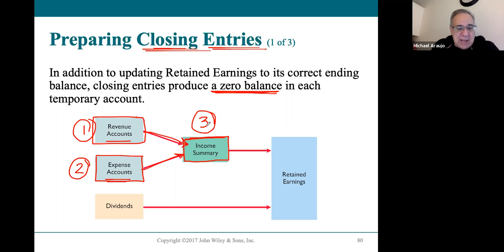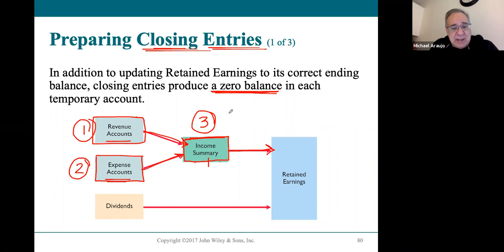So the third step is we don't need this income summary account anymore. We can actually dump the difference into retained earnings. Well, the difference in the income summary account is going to look exactly like your income statement, again, because you have your revenue on one side and all your expenses on the other side. What's going to balance it out is the profit in the company.